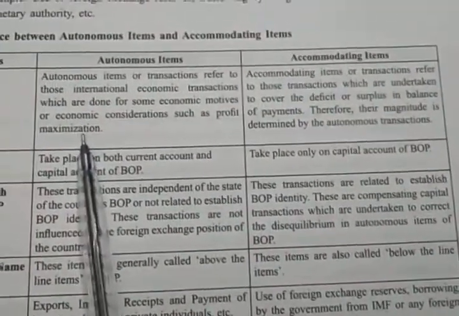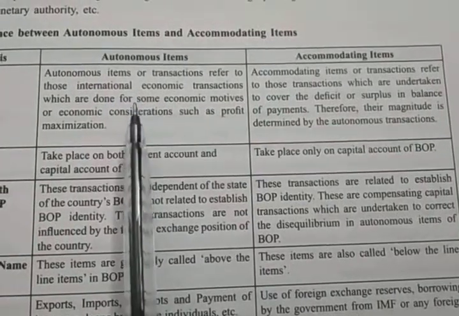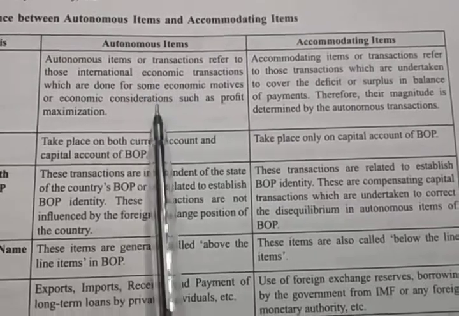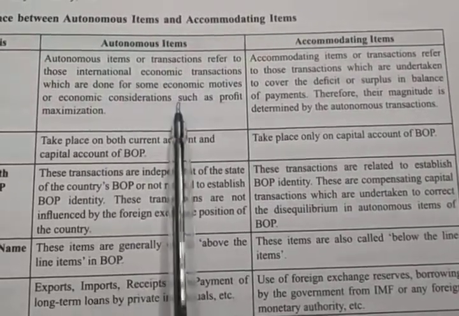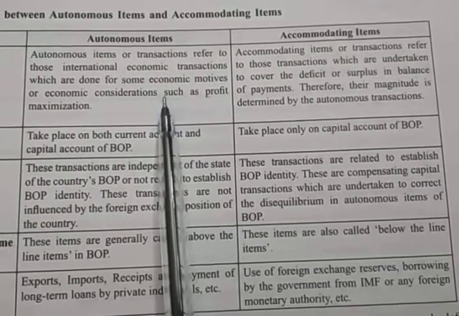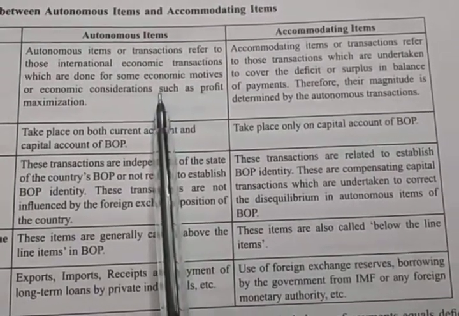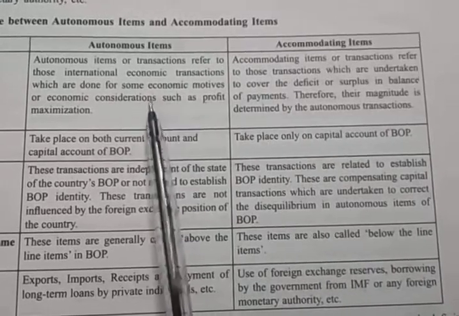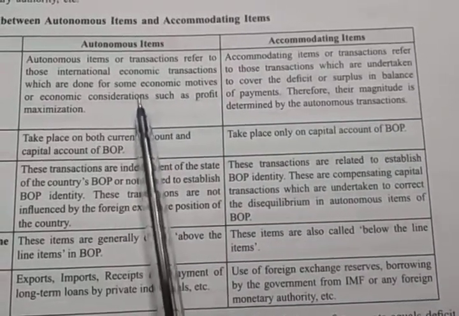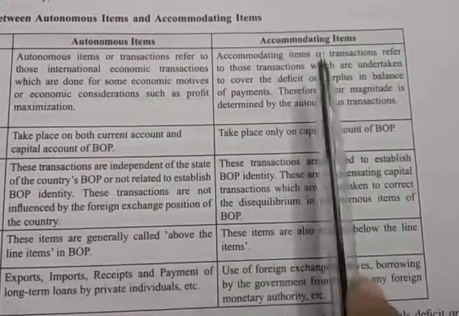That means these transactions are usually done for the profit motive, and because of the autonomous items only, the balance of payments is sometimes in surplus and sometimes in deficit. So to compensate the deficit or surplus in the BOP, the monetary authority uses accommodating items.